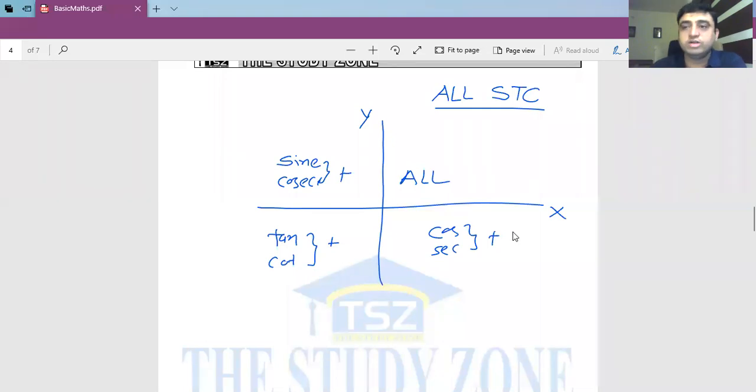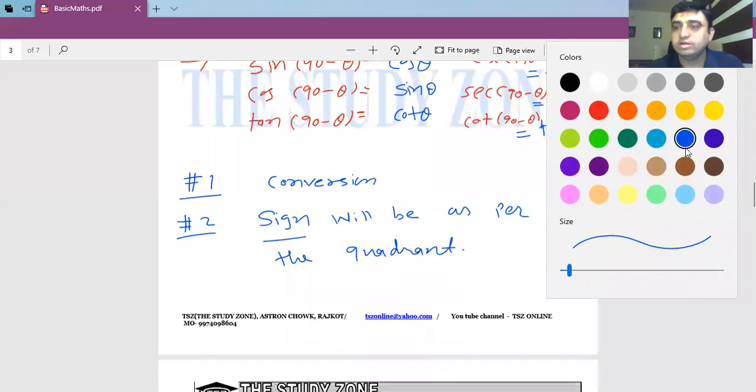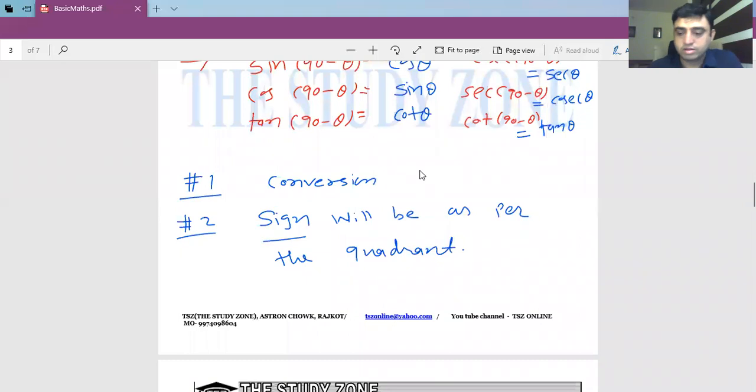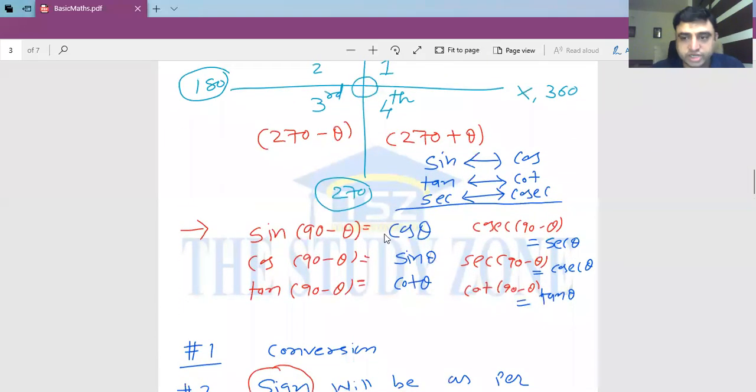Let us go back to rule number two. Here the rule is that the sign will be as per the quadrant. Here it is in the first quadrant, where all are positive, so all answers will be positive.